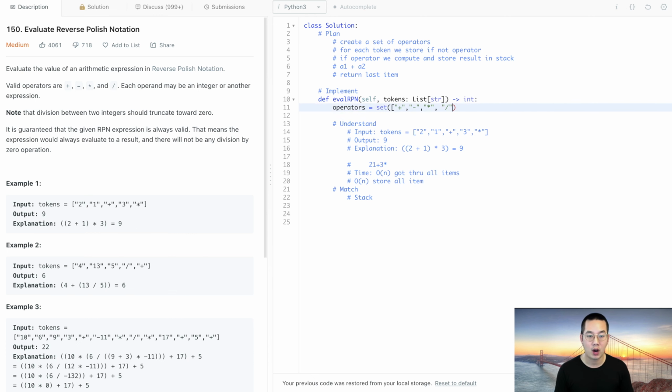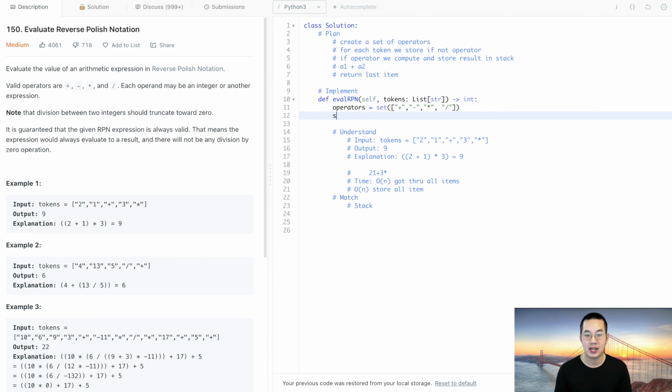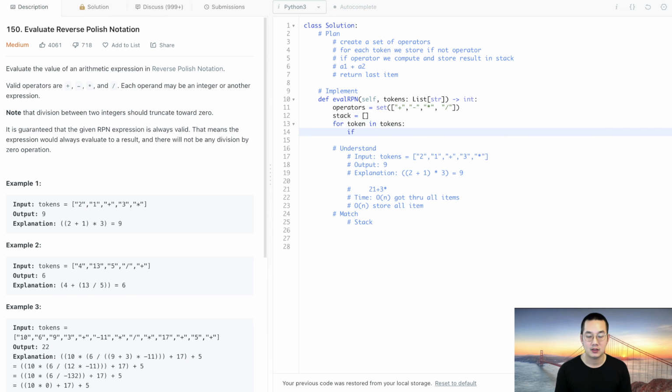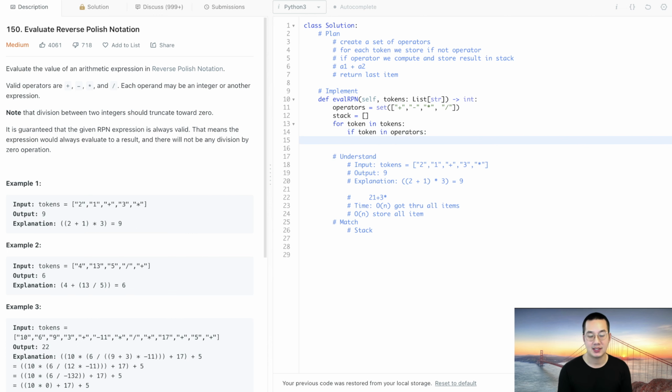That should be all for our operators. That's our first step. Then we're going to move through all the items one time. We need a stack to store items, and for token in tokens, if the token is in operators, then we will do an operation.